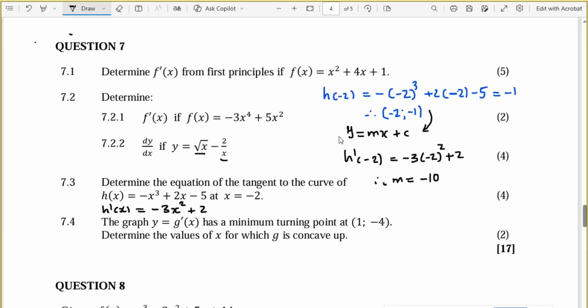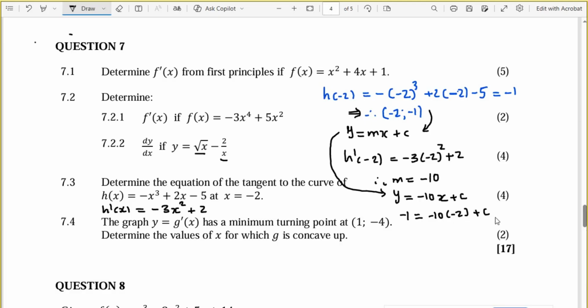So from this equation, I'm going to substitute in my gradient. y is equal to -10x plus c. Then use this point. So I think you understand why we had to calculate the point of contact. Now we need to use that point of contact to find the corresponding value of c. Where there's y, I put -1, and this is equal to -10 where there's x, I put -2, plus c.